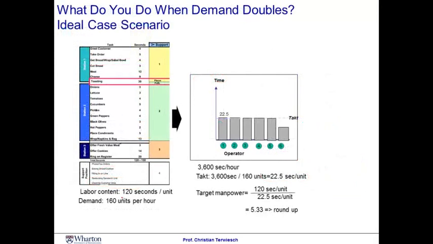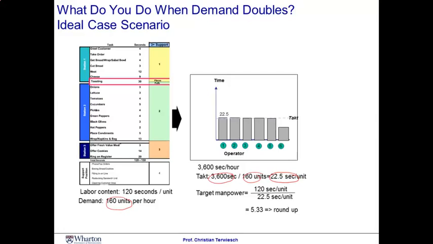Now imagine that demand picks up to 160 customers per hour. The takt time changes. We now have to divide 3,600 seconds in an hour divided by 160 units per hour equals to a new takt time of 22.5 seconds. So instead of serving a customer every 45 seconds, we're serving a customer every 22.5 seconds.